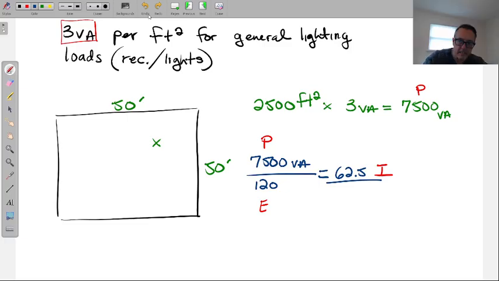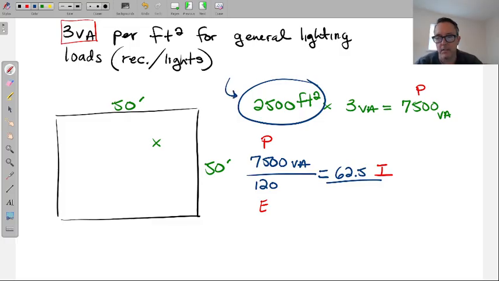So for example, for this 62.5 amps, or technically going back one, for that square footage, I'll ask, how many breakers do I need for 2,500 square feet? And when I say breakers, I'll say a size breaker. So how many 15 amp breakers do I need for 2,500 square feet?